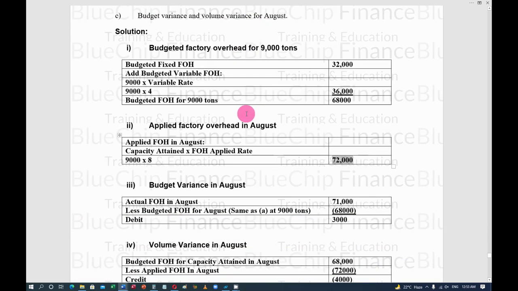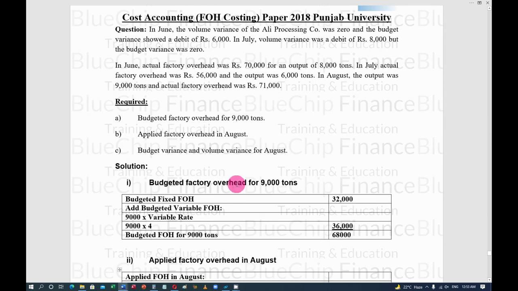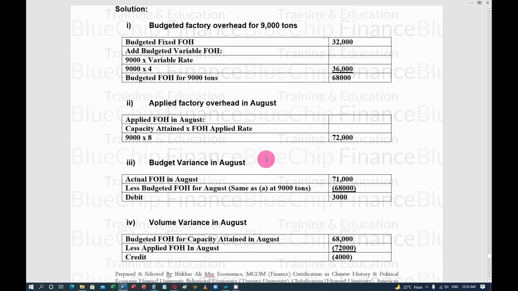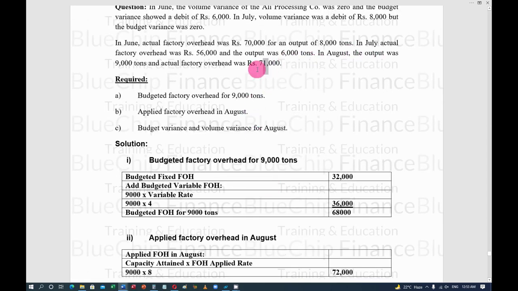So budget variance is always equal to actual FOH less budgeted FOH for capacity attained. So your actual FOH in August is 71,000 and your budgeted FOH is equal to fixed FOH plus capacity attained multiplied by variable rate, which we already calculated, because in August your capacity attained is 9,000 tons.